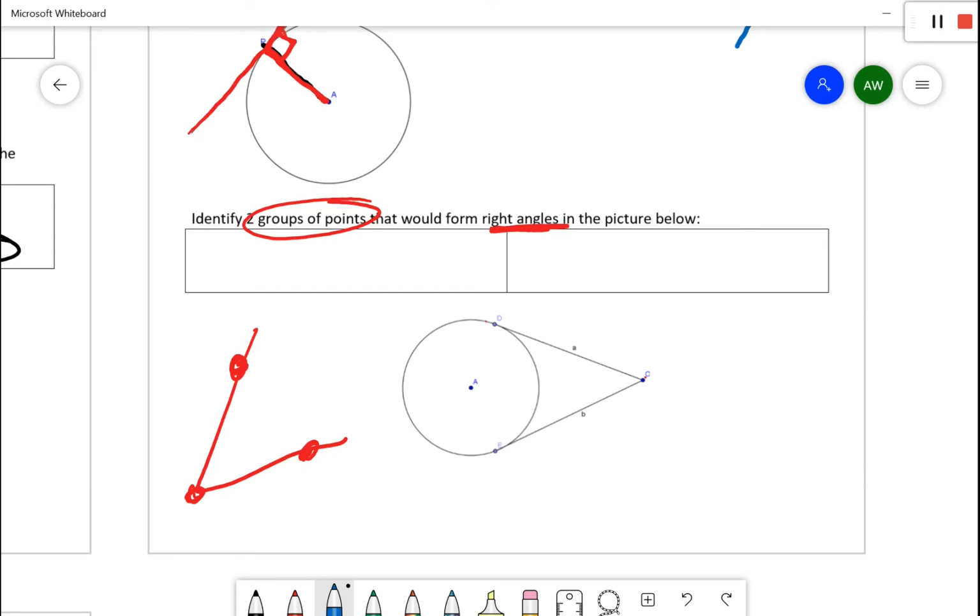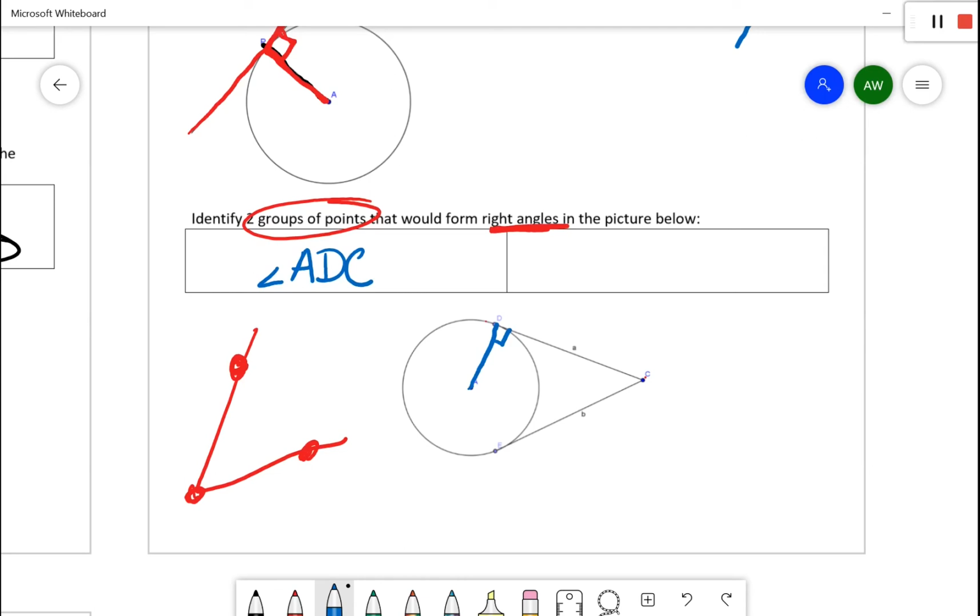So one example of that is if I made segment AD, then AD is a radius, DC is a tangent segment, so therefore this is a right angle. So my first angle that I can identify is angle ADC.